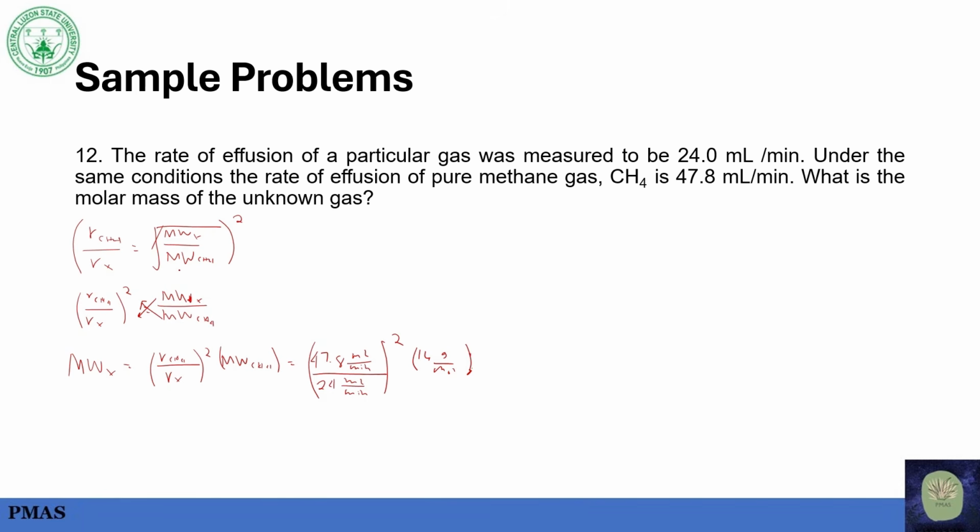Okay, so the units will be cancelled, leaving us with grams per mole. Again, you can do it in your calculator. This would be 63.5 grams per mole. Okay, so that's how you can use the rate of effusion equation to calculate either molecular weight or density of an unknown gas.